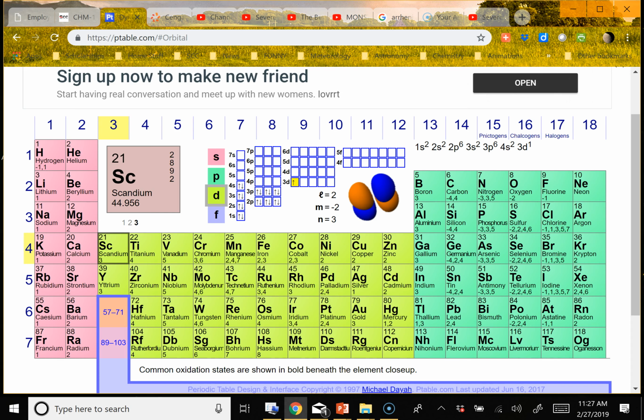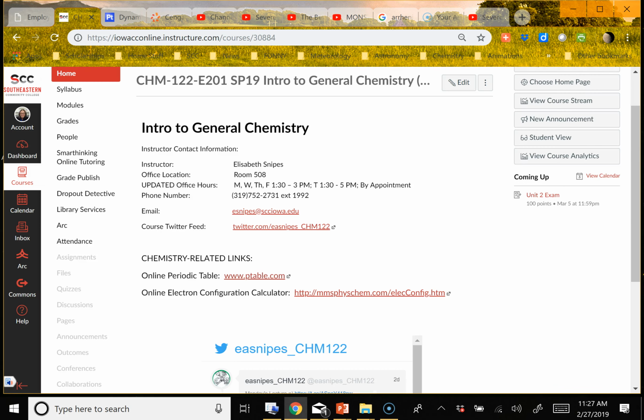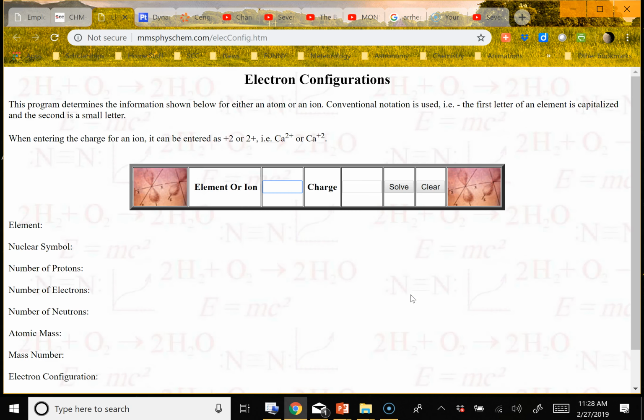But my other thing is kind of fun too. If you type in electron configuration calculator, you'll find yourself at this one, and it looks like this. I like this one too. So for instance, if I wanted to know scandium, I could go ahead and solve it.